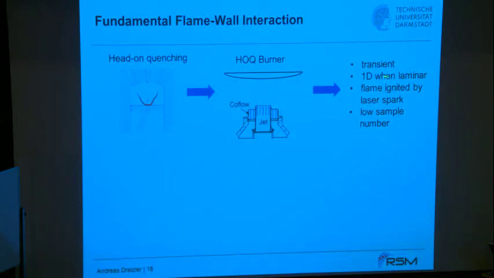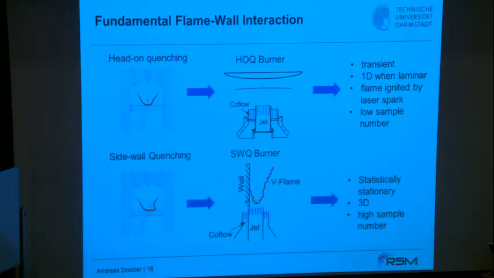And of course, when it's laminar and you restrict yourself to the center line, it's 1D. But typically a low sample number, because maybe you can do 1 experiment per second. And if you want to do good statistics with point techniques, that takes ages. That's one real advantage of the sidewall quenching burner.